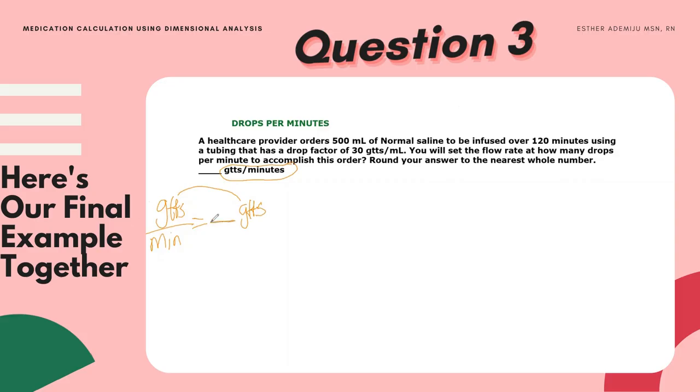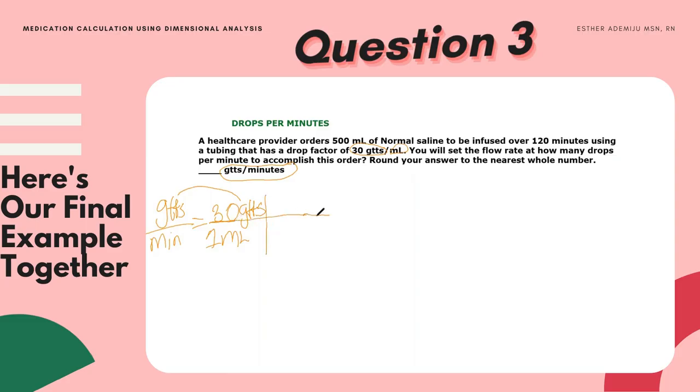And we need to ask ourselves, what do we know in our question that has GTTS or drops behind it? And we have one right there, and that is 30 GTTS. So 30 comes here, and ml comes with it. So 1 ml.